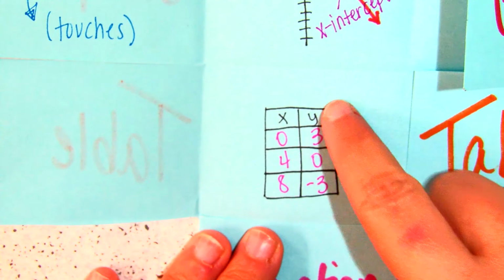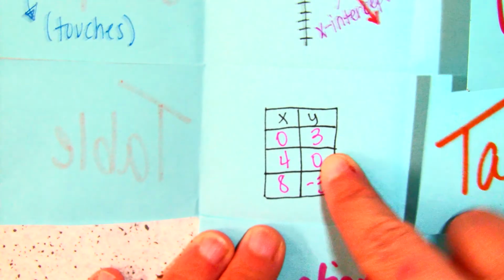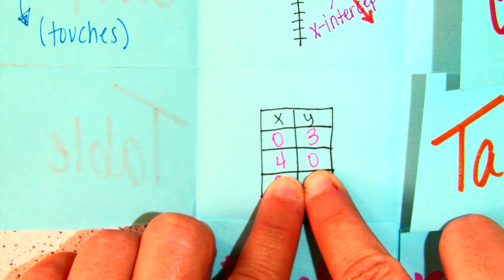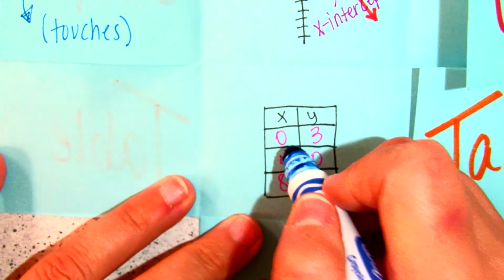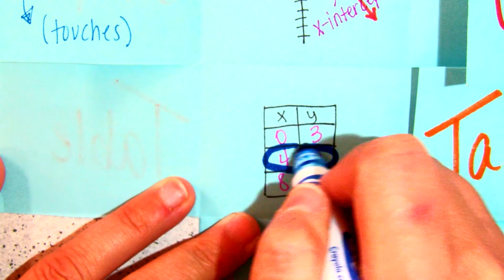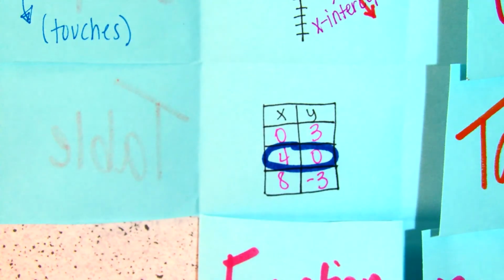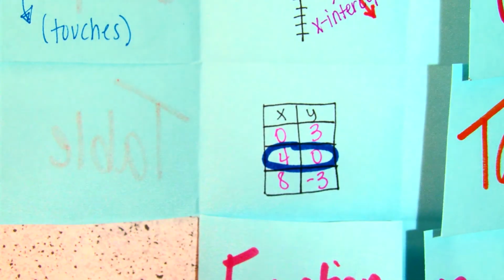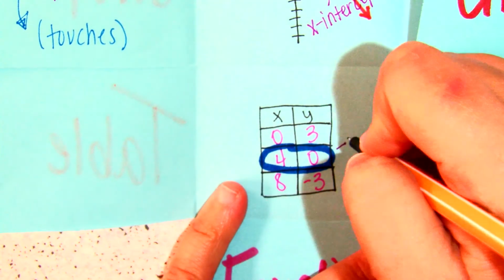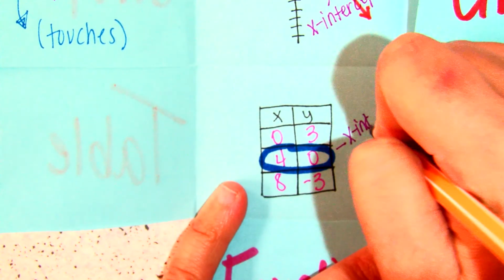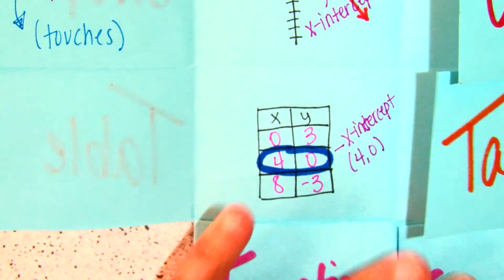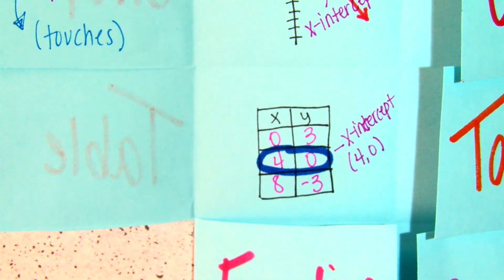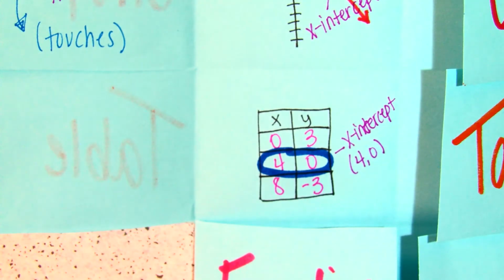So it's the same thing for the table. If I go to the table and I look, I want to know where y is 0, and that is my x-intercept. Okay? So this right here would be my x-intercept because the y is 0. So my x-intercept is 4, 0. Okay? Because I'm looking for when y is 0.